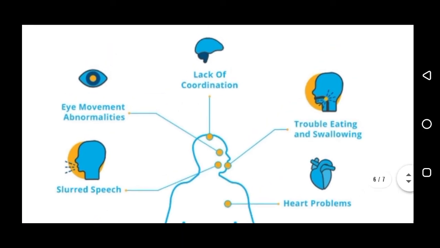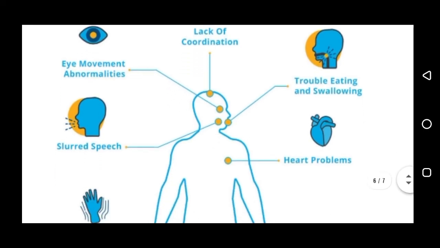So these pictures show the different signs of lesion, cerebellar region. There is lack of coordination, eye movement abnormality, trouble eating and swallowing, slurred speech. In rare cases, there may be heart problems. What happens if cerebellar stroke affects your brain stem?